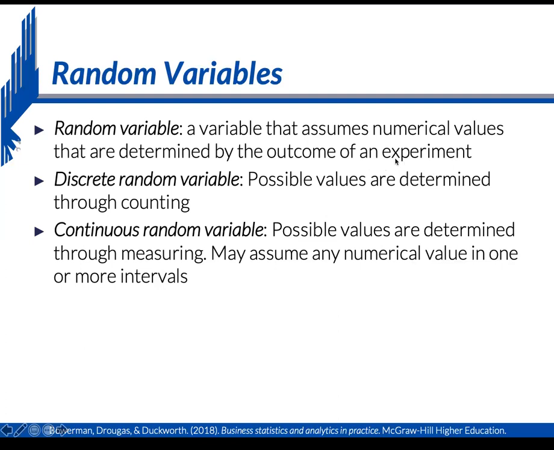whose outcomes are uncertain. So the variables that we discussed in the past, like age and gender, are not really considered random variables because the values are not dependent on the outcome of an experiment.